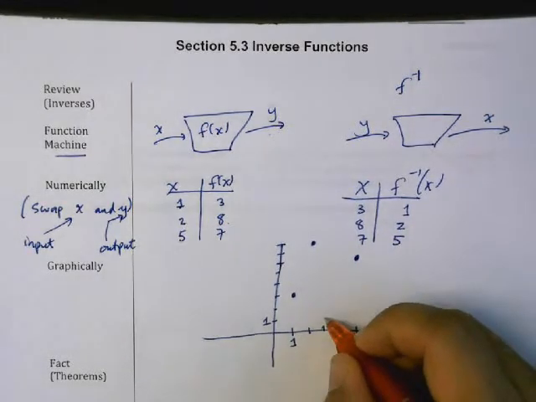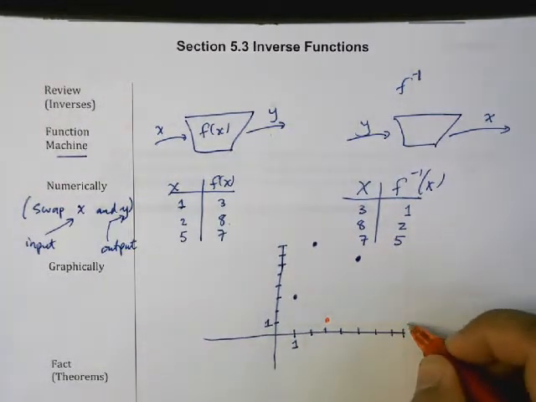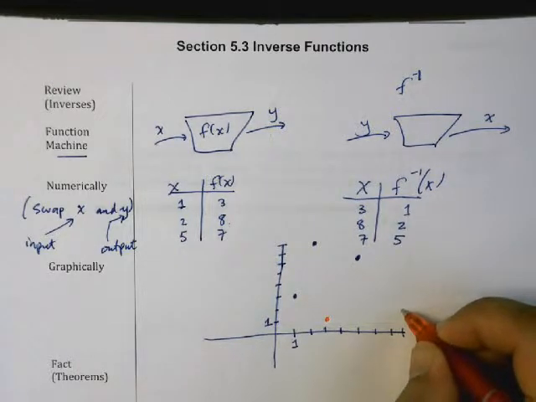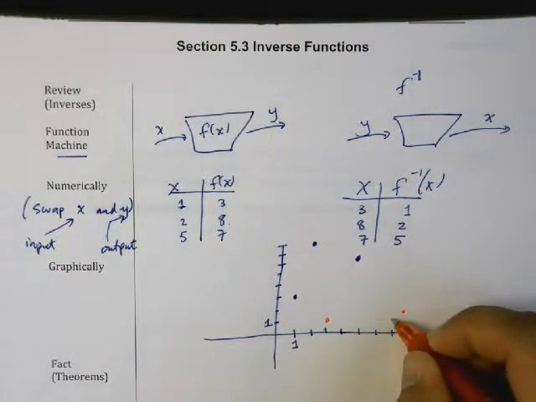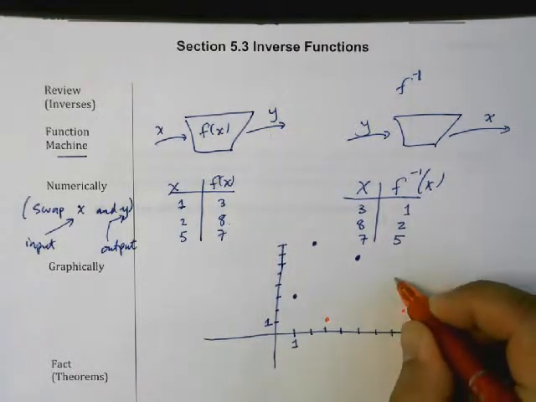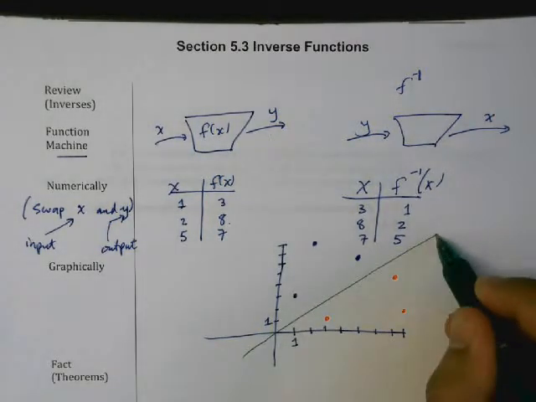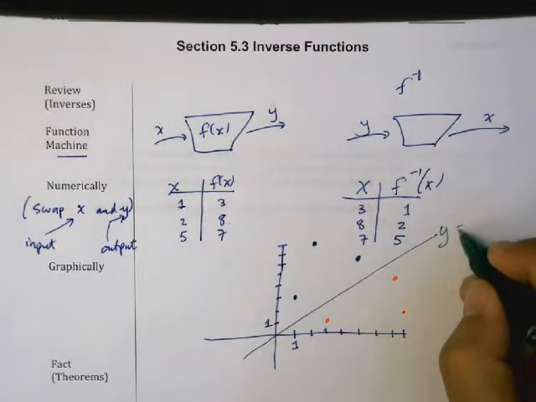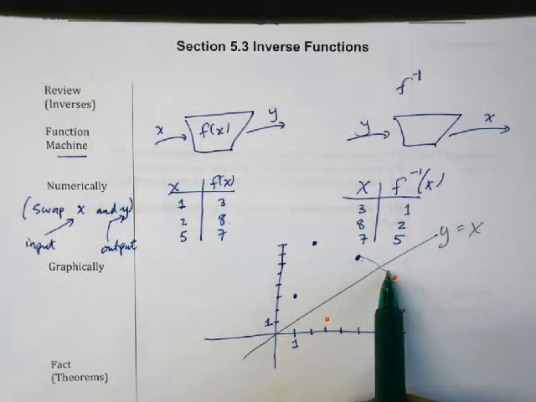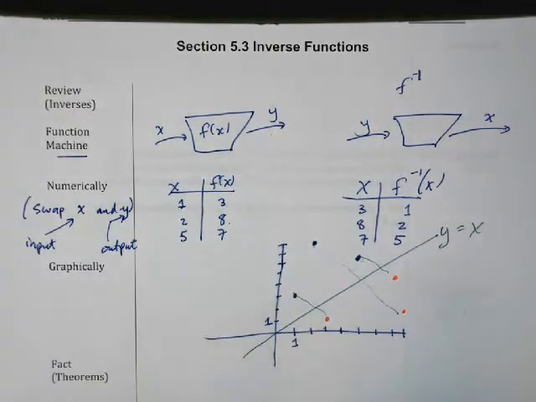Well, now I graph 3, 1, 8, 2, and then 7, 5. And you can see that there is a little bit of a symmetry here. If I drew it better, you could see it better, but nevertheless, we could see it. And the symmetry here is that it is reflected over the y equals x line. So there's a symmetry between these points over the y equals x line.